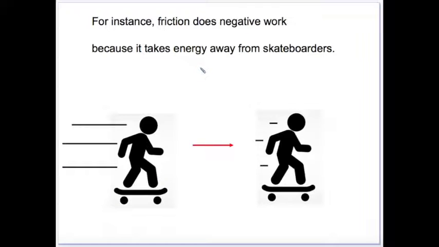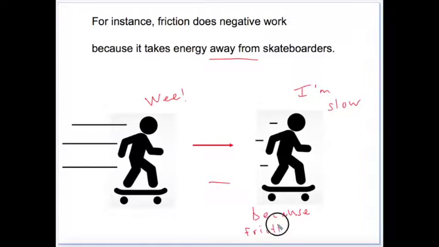For instance, friction does negative work because it takes energy away from skateboarders. So this guy's going really fast, whee! But then he slows down. He's slow because friction did negative work.